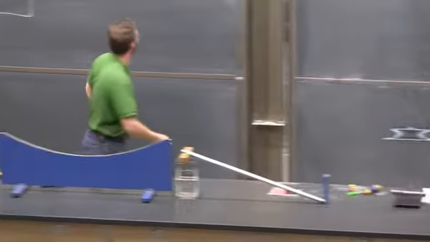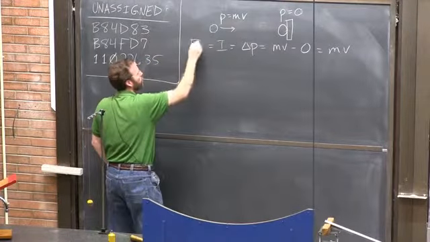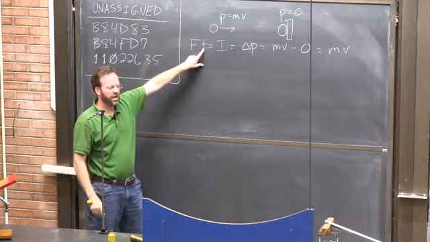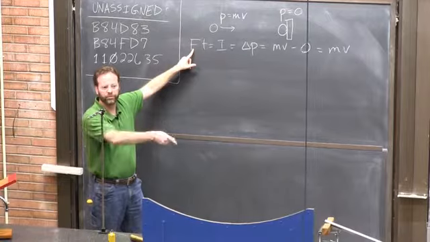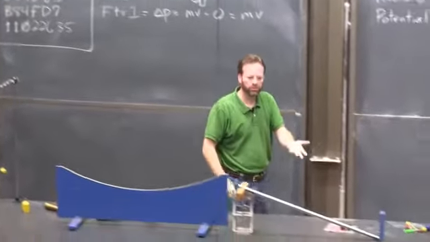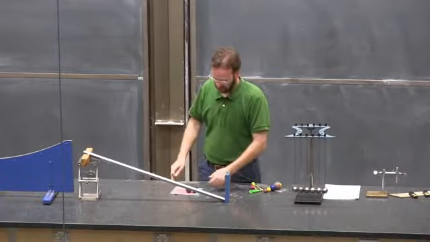Remember, change of momentum is impulse, which is force times time. So they're in contact for a certain amount of time, and there's a force applied on the ball and on the block, equal and opposite. That's what the balls feel. It's enough to stop the balls, and it's enough to stop the ball. That's as far as we've gotten.